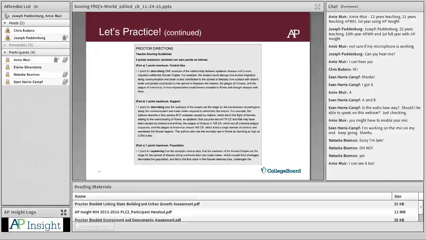And if you notice, the first point here is describing one example. They're not asking for a lot, it's just a description of it. And then you look to the second one, again it's a description, except this time the first one was the relationship between epidemic disease and human migration within the empire. The second one, once again, is just a description, and it's talking about how the size of the empire allowed for that change.